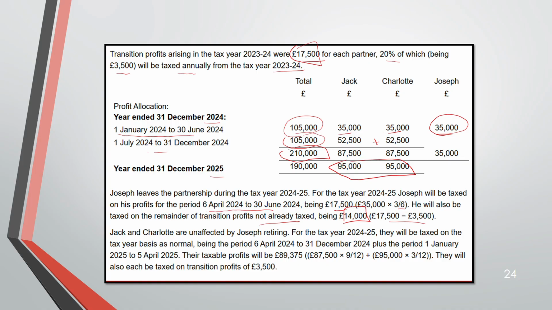Because Joseph is retiring, remember Jack and Charlotte are unaffected. So for the tax year 24-25, they will be taxed on the tax year as normal. That is from 6th April to 31st December, plus 1st Jan to 5th April of the next year. So their taxable profit is on this 87,500, only 9 months, and then on this 95,000, the remaining 3 months.